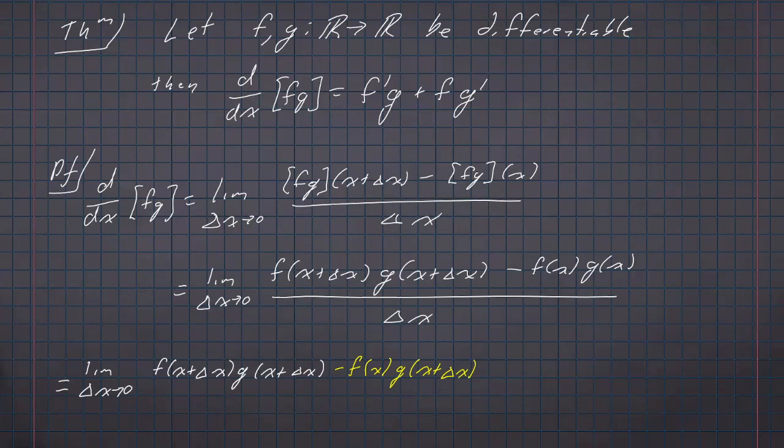Again, I cannot just arbitrarily subtract f of x times g of x plus delta x. But if I subtract it and then immediately add exactly that same thing, then I haven't done anything except take something that was already messy and make it excruciatingly painfully messy.